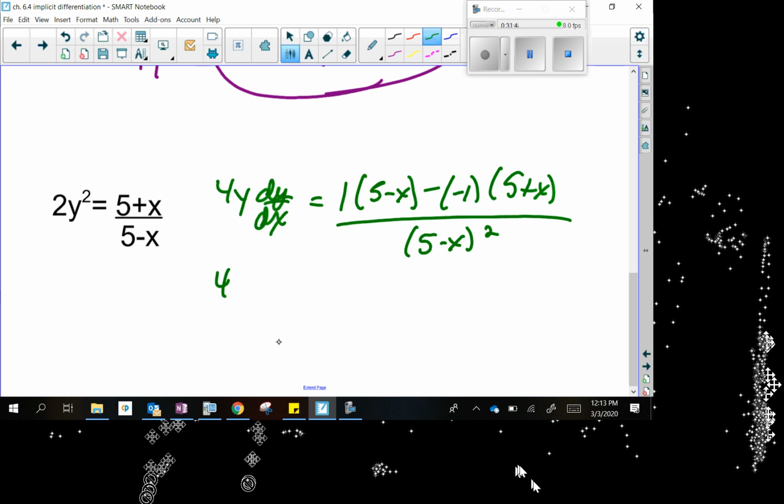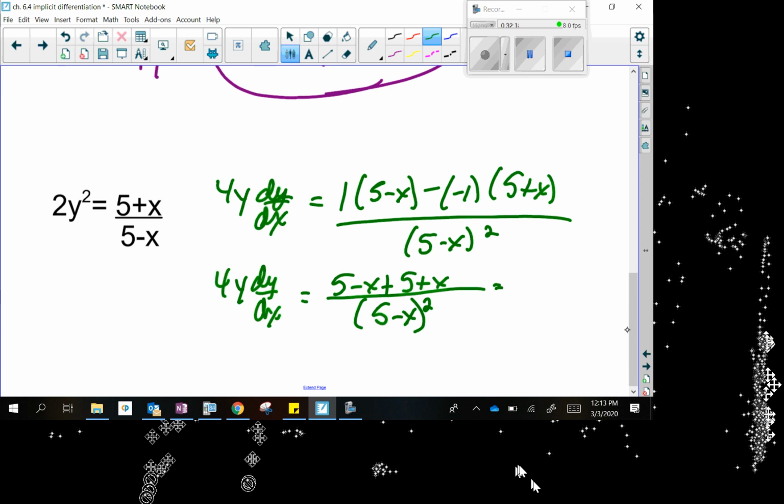So we can keep the 4y dy dx. We can keep the 5 minus x squared. What happens to the top? 5 minus x stays, and then minus a negative 1 becomes a plus 5 plus x. That's 10.